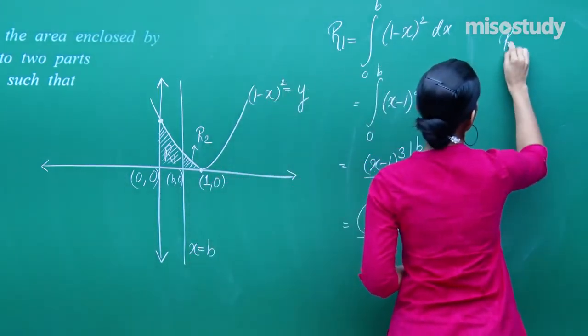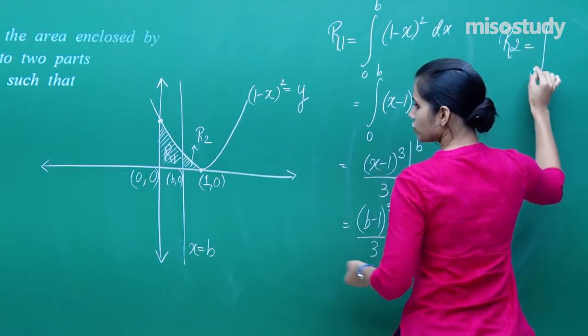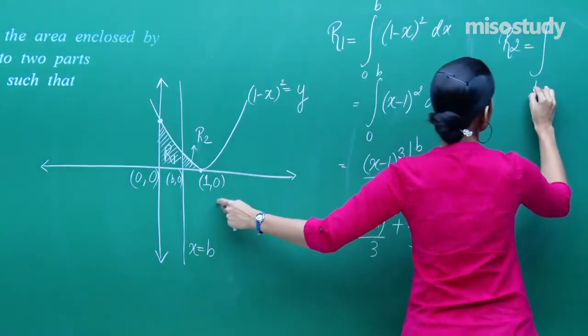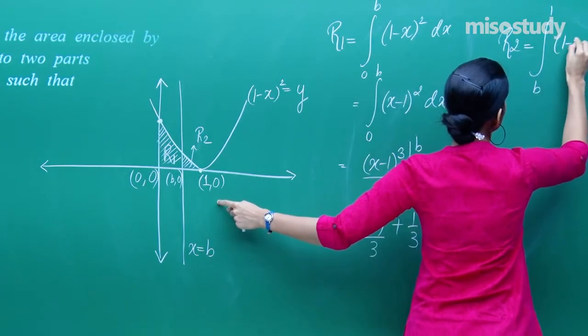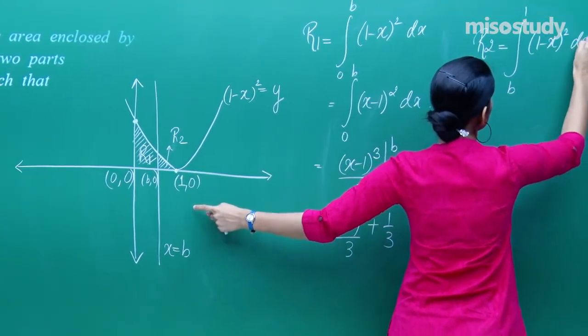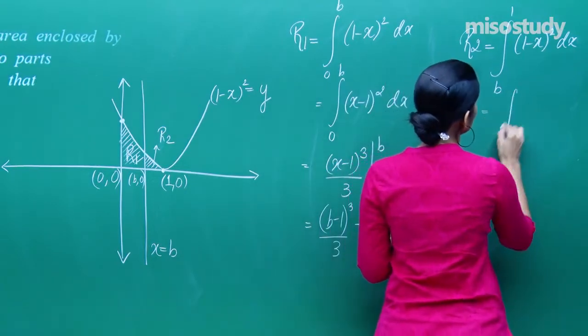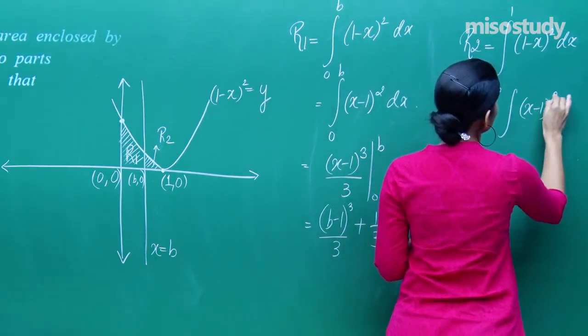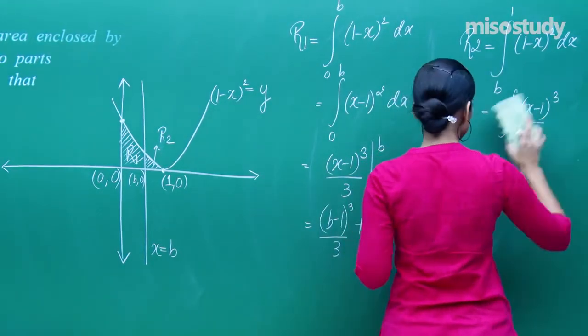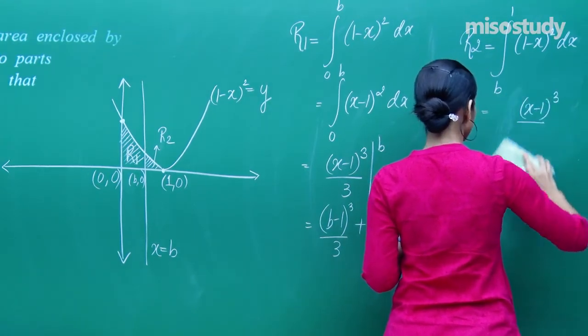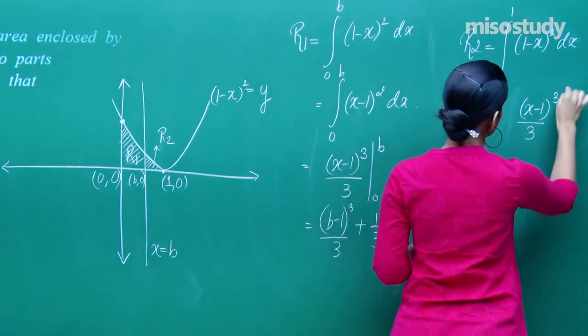And what is R2? R2 is from b to 1, again 1 minus x whole square dx. This integral I am directly evaluating.